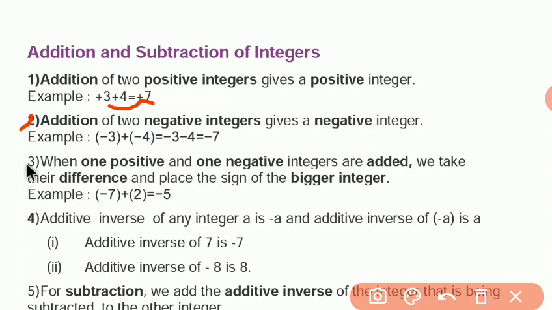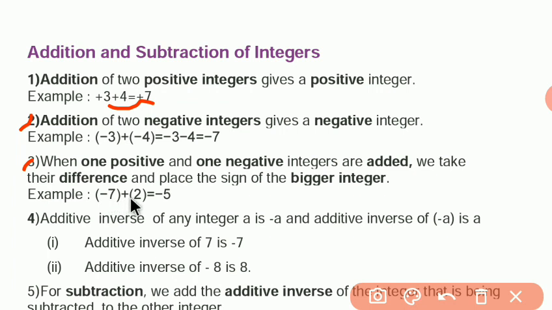Now third one. When one positive and one negative integer are added, we take the difference and place the sign of the bigger integer. Difference means minus or subtraction. If we want to add one positive and one negative integer, here you can see 2 as a positive integer and minus 7 as a negative integer, and we have to add these two numbers.